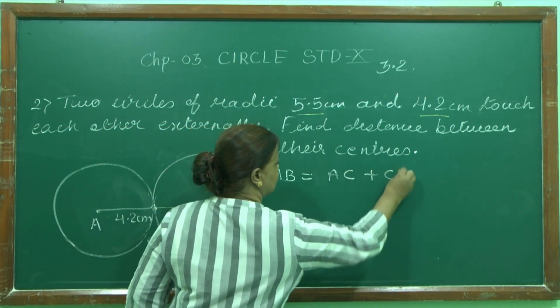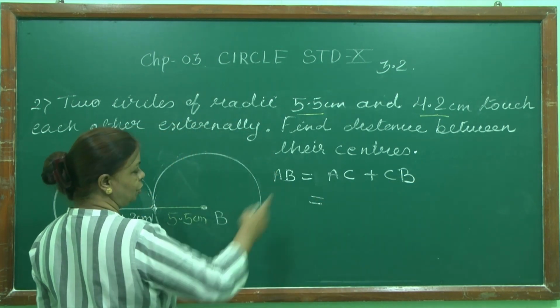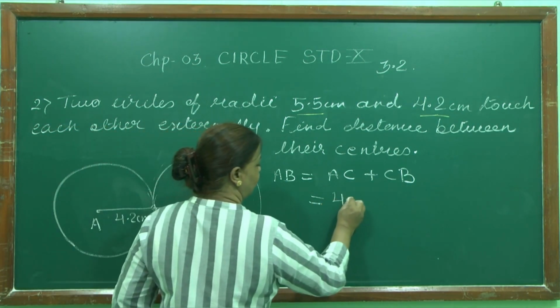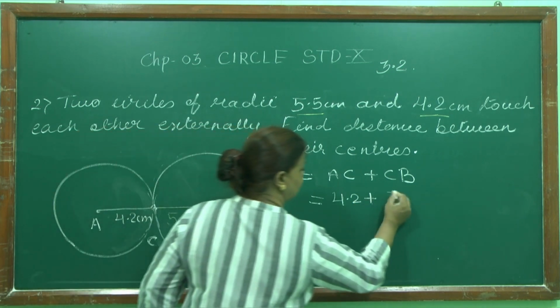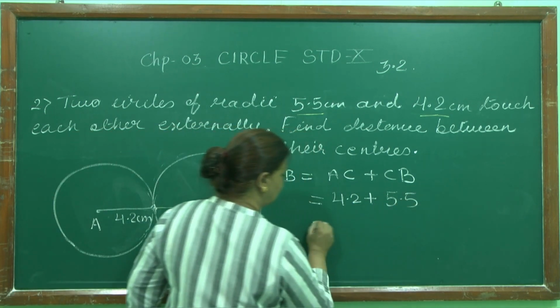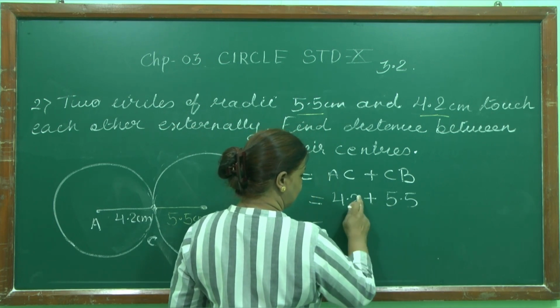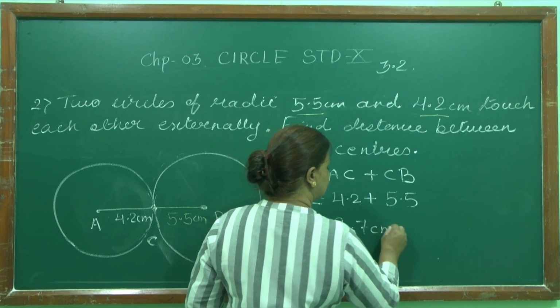AC is 4.2. See here, AC is 4.2. So we can write 4.2 plus CB, which is 5.5. The total will be 9.7 centimeter.